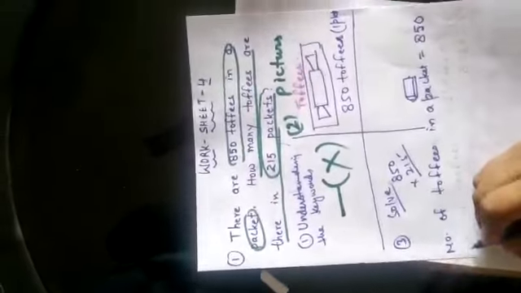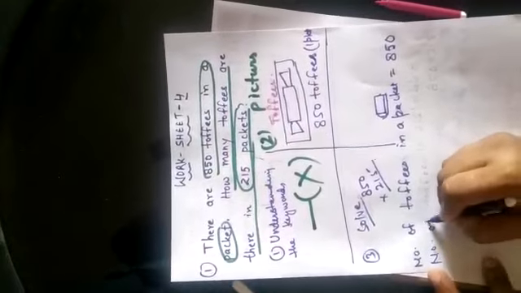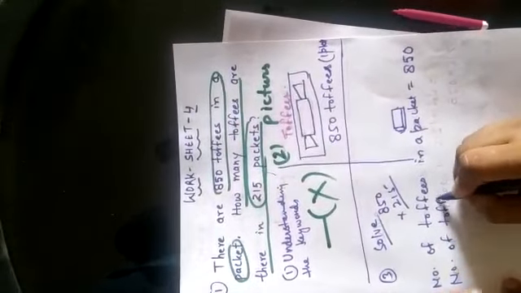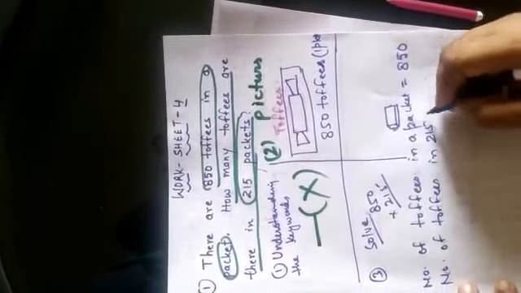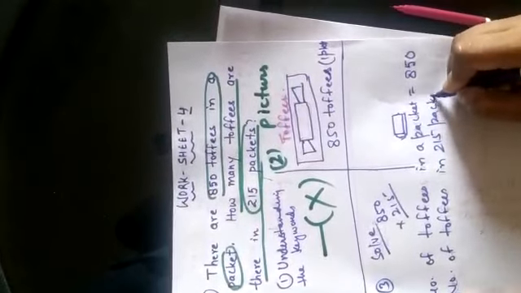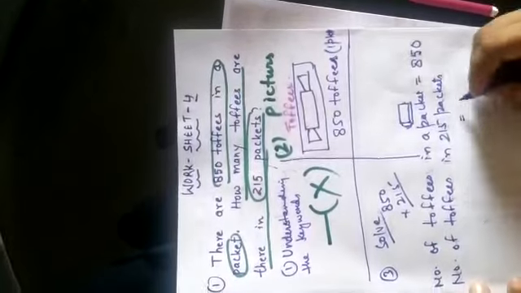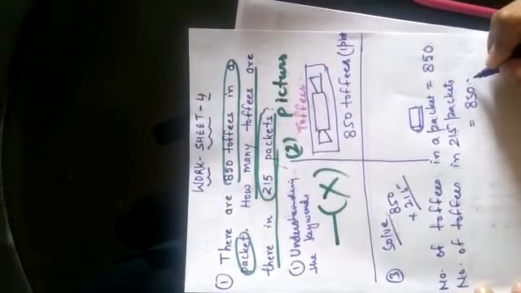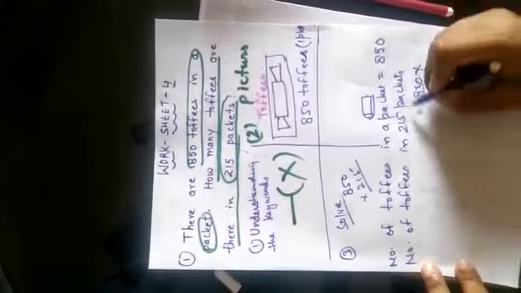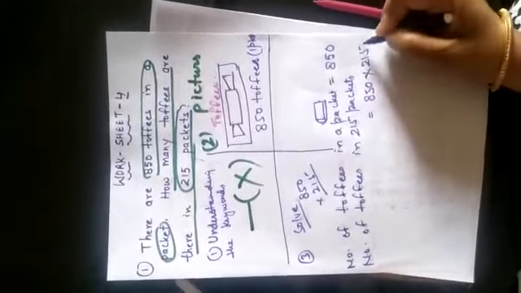Now the number of toffees in how many packets? 215 packets. So what will be the number of toffees? Multiply the number of toffees in one packet, 850, with the total number of packets.